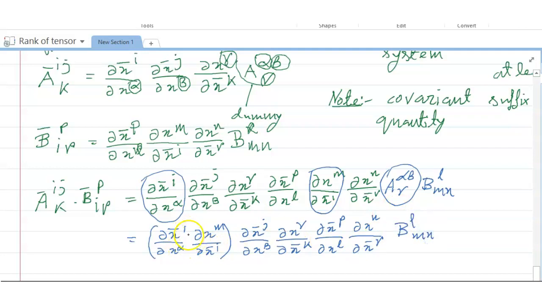So friends, you see that this portion and this portion is cut. This portion and this portion is cut. Also I can write here A^{αβγ}.